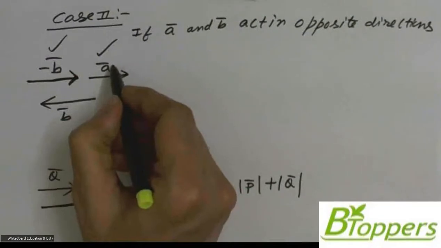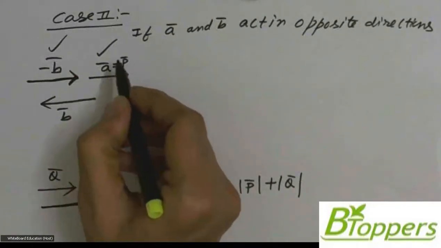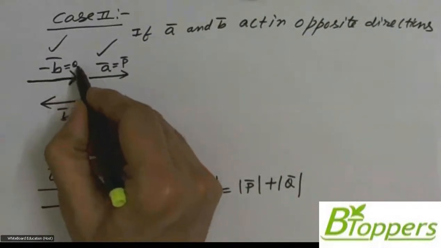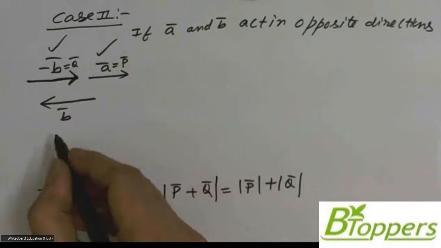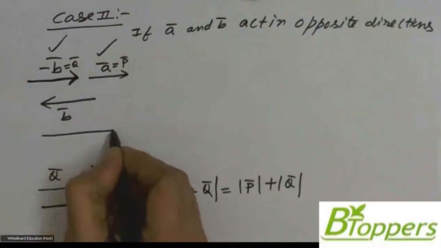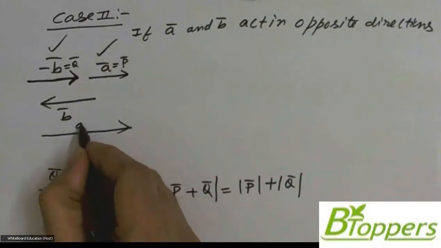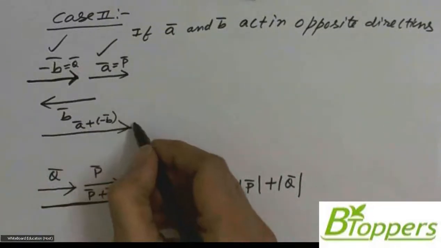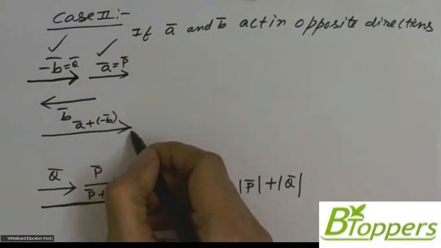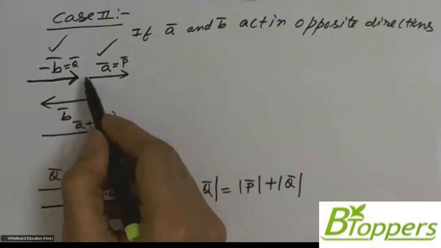Here we are applying the same result. In place of vector p bar, you have the vector a bar. In place of vector q bar, you have minus b bar. So the direction of p bar plus q bar, meaning a bar plus minus b bar, will be the same as the direction of one of these two vectors.